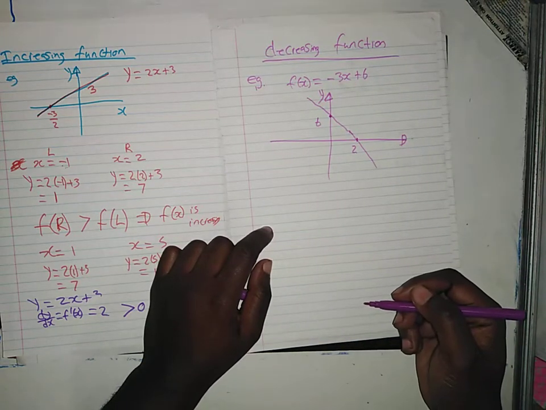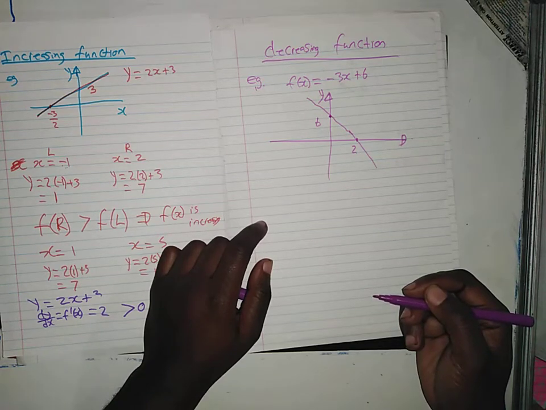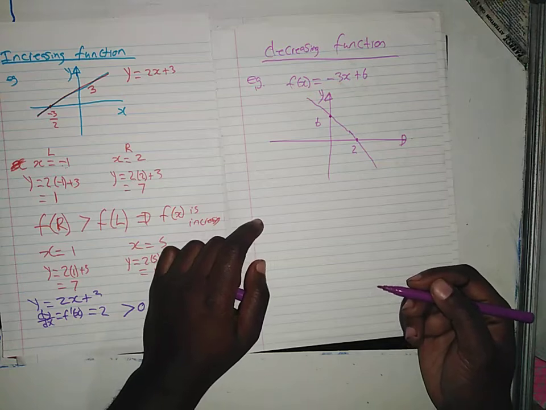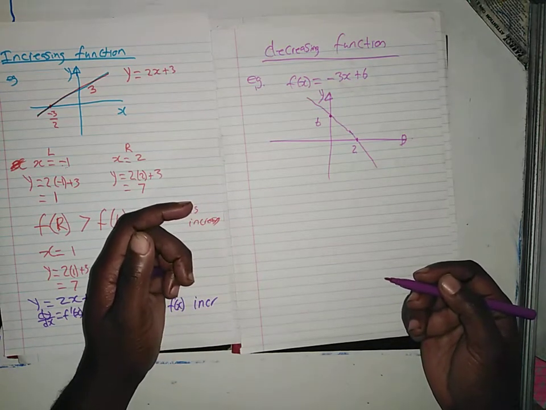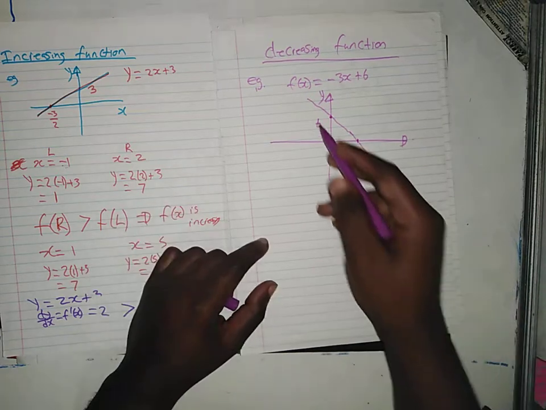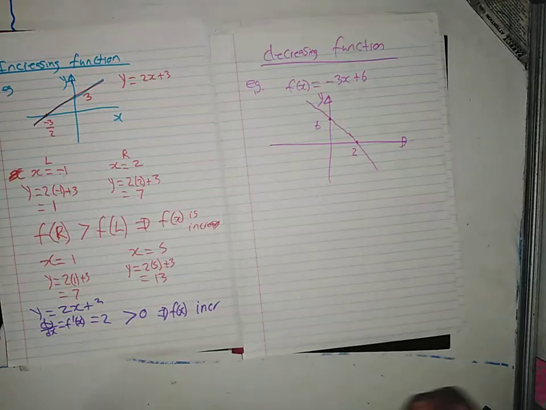Okay, so we said earlier we are looking at the decreasing function, obviously, so we know that this is a decreasing function. But let's say you were not told that it's a decreasing function. You know what you would have done. You would have traveled from left to right along the graph, and you can see you are going down. So without a shadow of a doubt, this is a decreasing function.